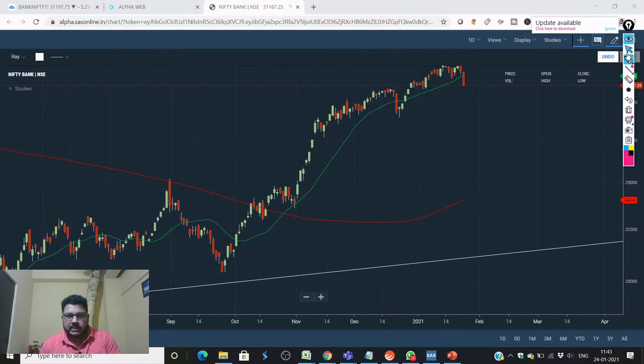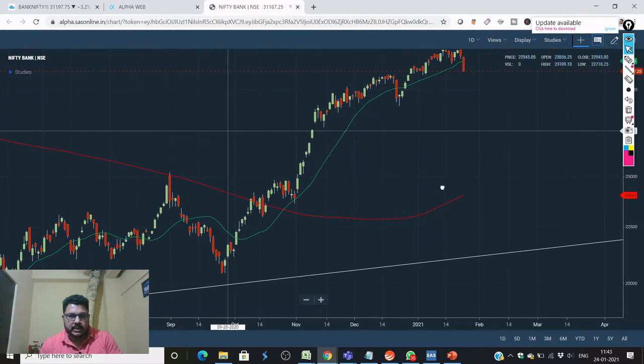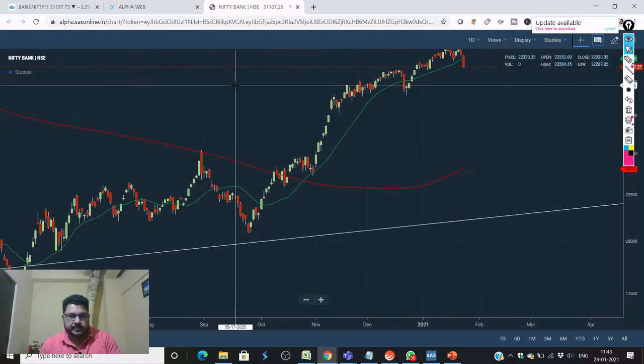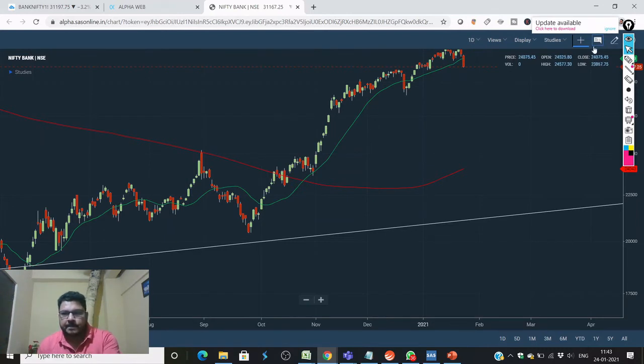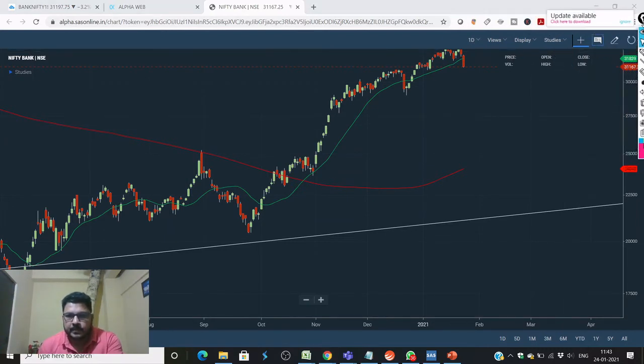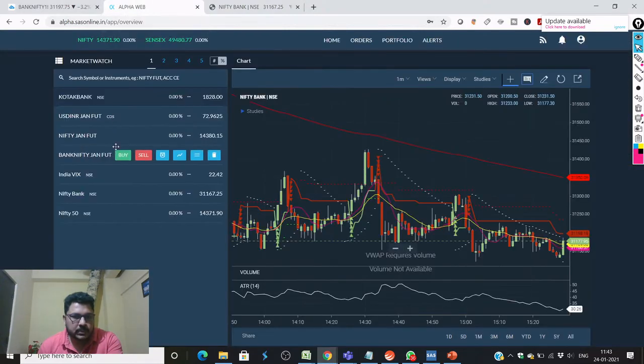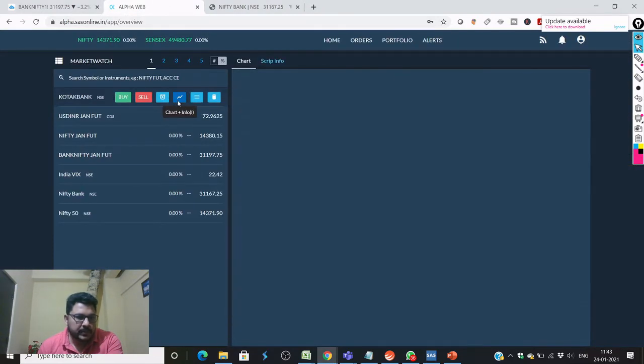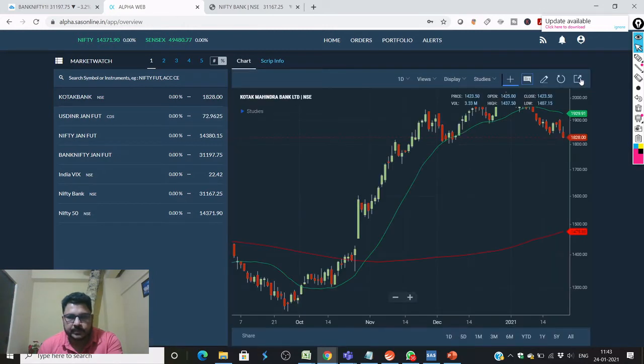Let's analyze some more stocks on this particular setup. So let's see, for example, Kotak Bank.